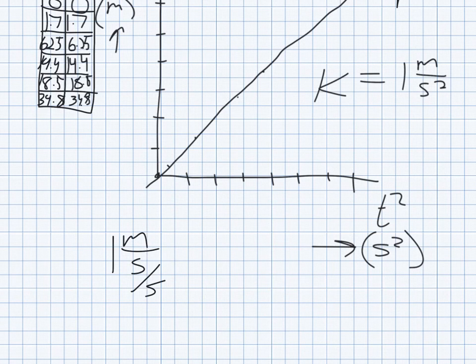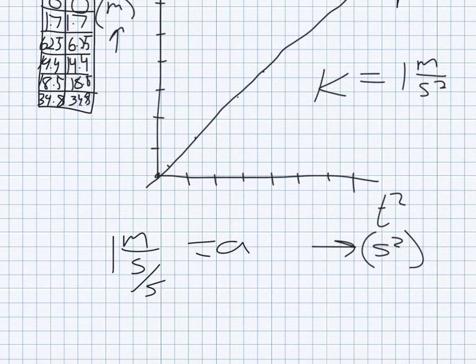That's an acceleration. That's like saying I start at 1 meter per second, then the next second I'm at 2 meters per second, and the next second I'm at 3 meters per second. This person is getting faster at this constant rate. So this is an acceleration that we just were able to get from this graph. Good times.